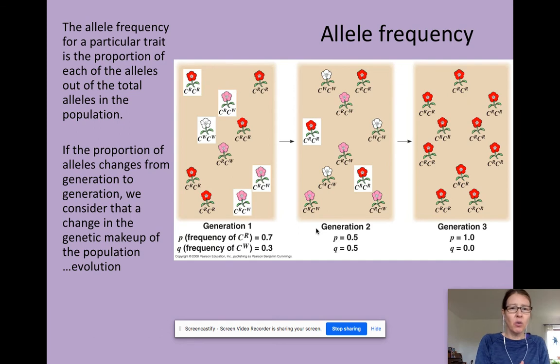Okay, so this is just showing you a population where you do see the allele frequencies change. So here we have 0.7 and 0.3 to start. And it looks like in this generation, the individuals that survived more frequently than others were these pink guys and the red. And so we kind of had a selection against some of these red ones. But in this next population, it looks like the red ones were the ones that were selected for to mate.